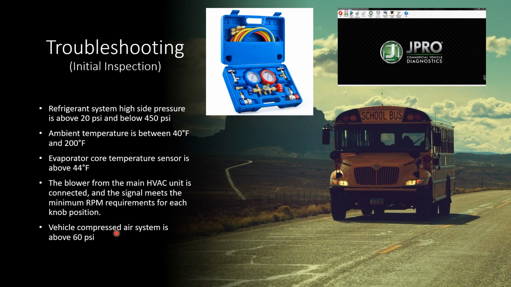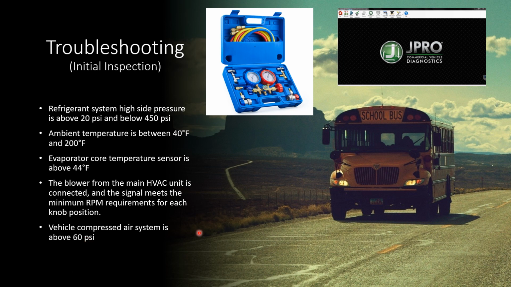So the fan kicks on, and a lot of fans use an air system to turn the fan on and off. So making sure that the vehicle is above 60 psi to engage and disengage the engine fan is another very important thing. So these are the initial inspections that we're going to do.